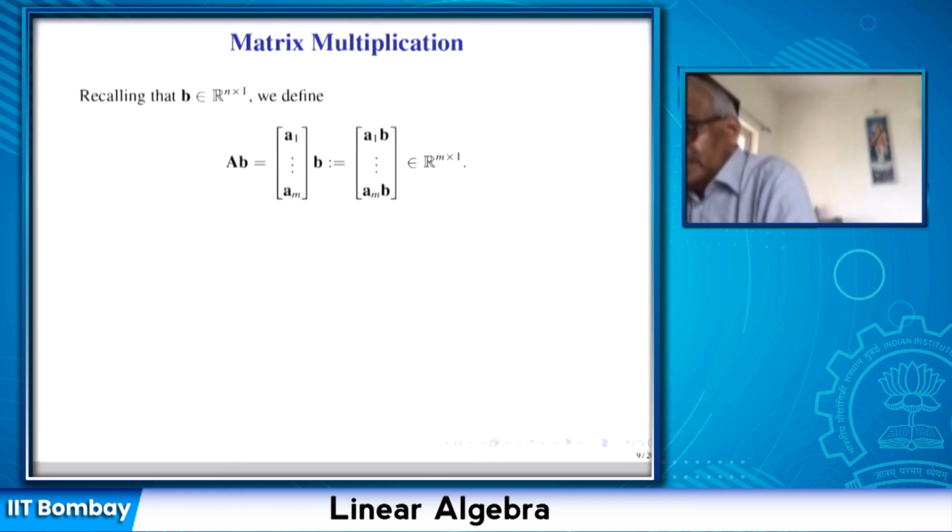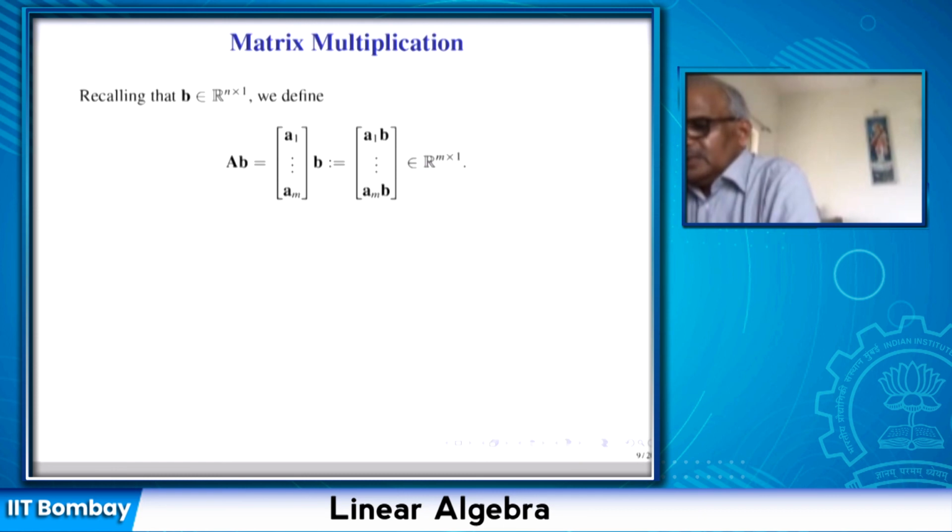As B varies over n-dimensional space, A times B varies over vectors in m-dimensional space, which consists of all the column vectors of length m, or m components. So the input is B, and the output is in m-dimensional space.